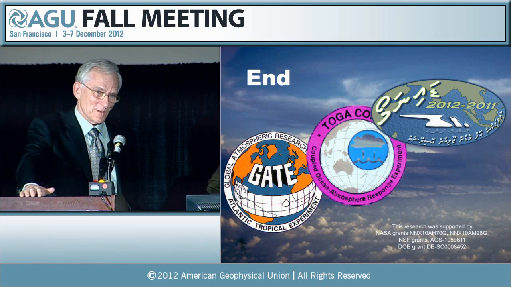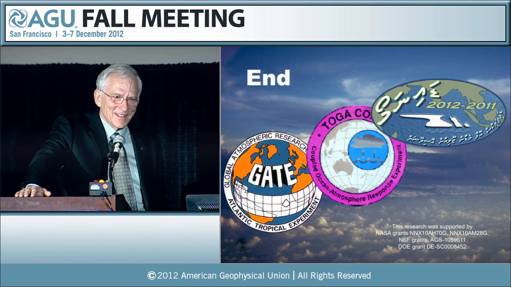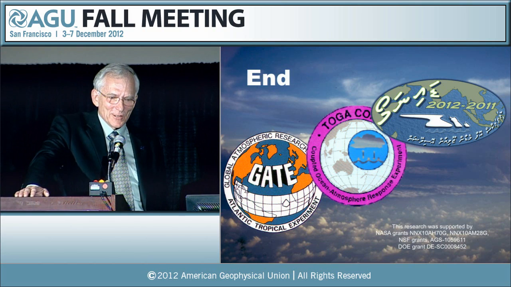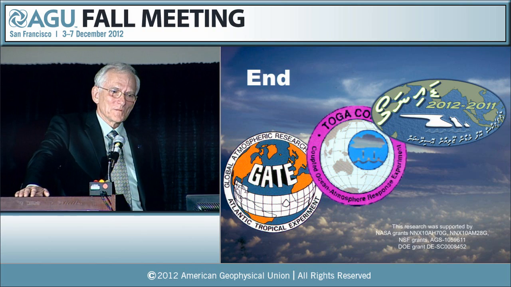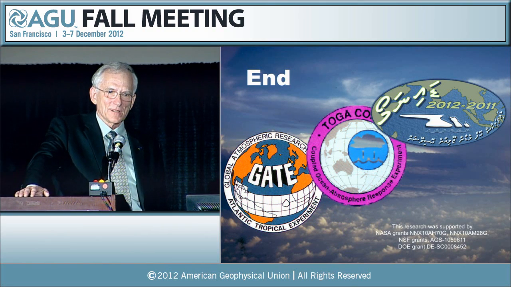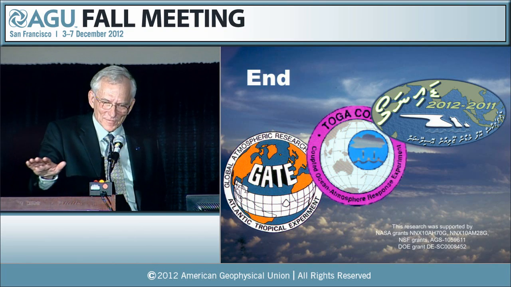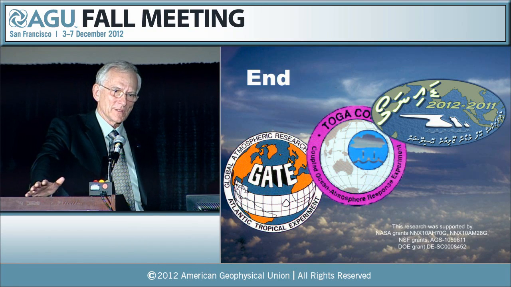Well, Ed, you know very well that I'm not a modeler, so I'm not any more qualified to answer that than you are. But I do strongly suspect that these microphysical parameterizations have got to be straightened out before we crack some of the major problems in simulating these big events.